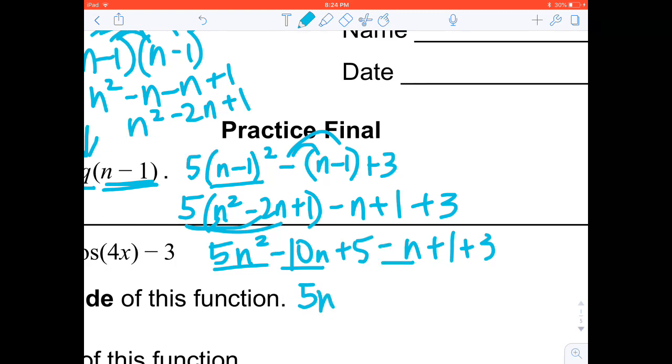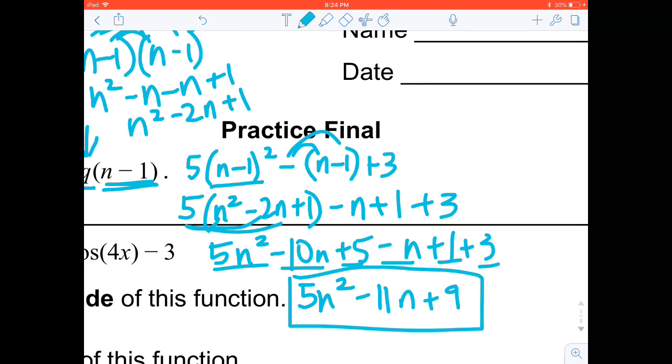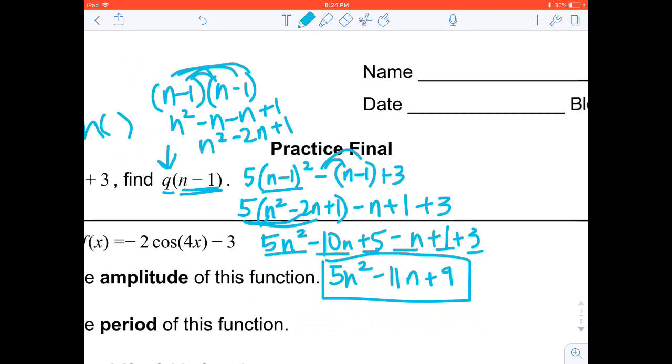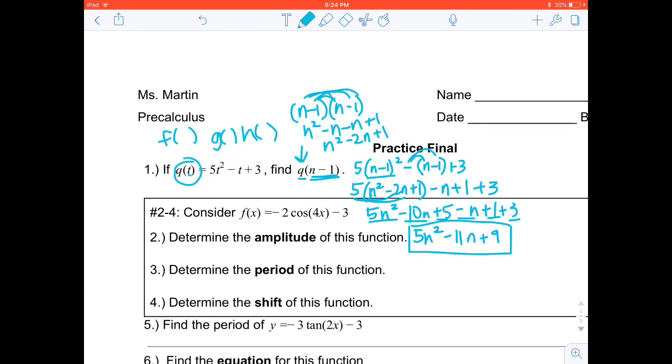So those are going to become minus 11n. And then plus 5, plus 1, plus 3, that's going to give me plus 9. So that should be our complete answer there once we've distributed everything. So that's number 1.